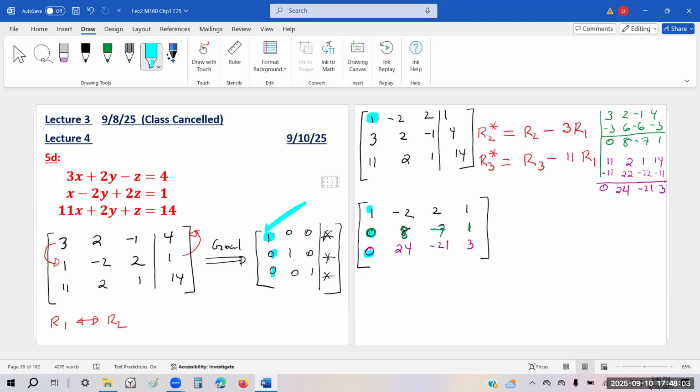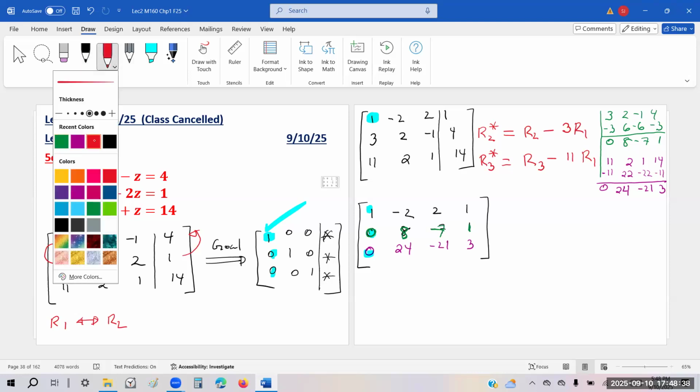And now, what do you observe? Do you observe anything here? You can get 0 out of all of row 3 by subtracting 3 times row 2. Exactly. This entire row will become 0 if you multiply this by negative 3 and add with this number. That means you're going to change row 3 now.